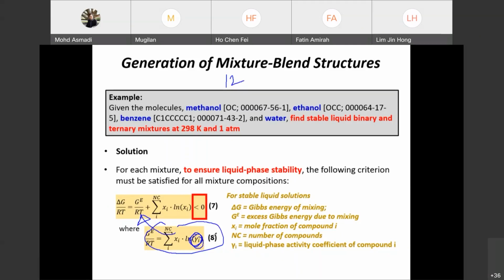Anyone from my class? How can we calculate the activity coefficient? Low, you are from my class, right? How can we calculate?